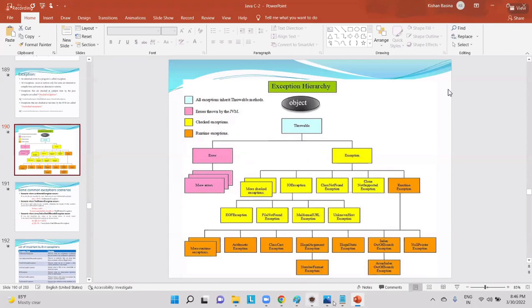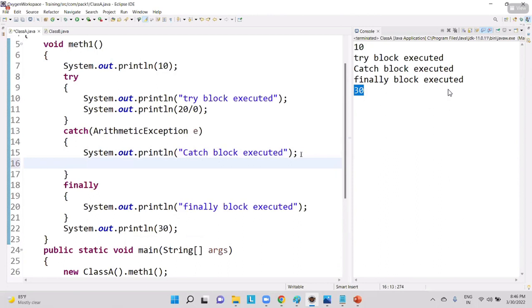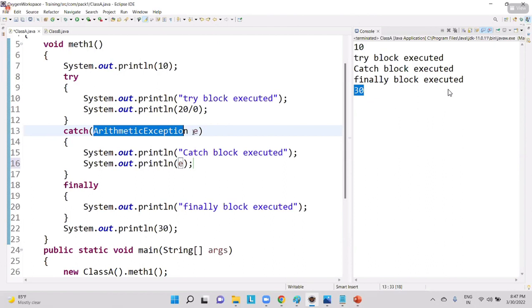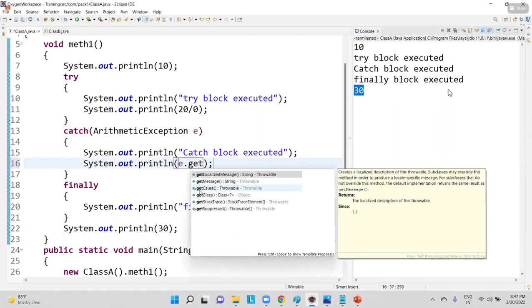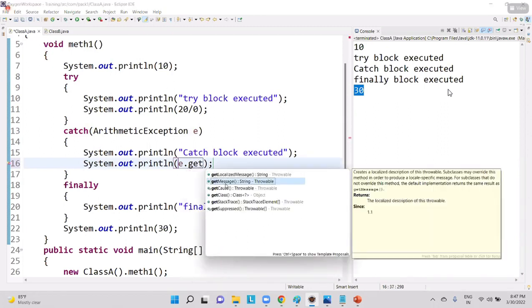Yes. Now, please observe here. I am trying to write System.out.println(e). What is this e, guys? e is the ArithmeticException reference. e.getMessage().